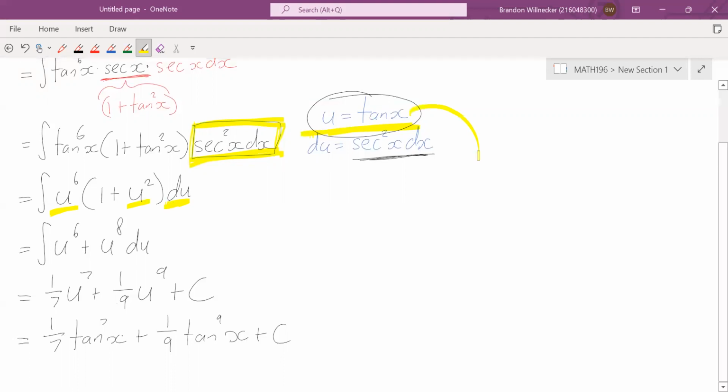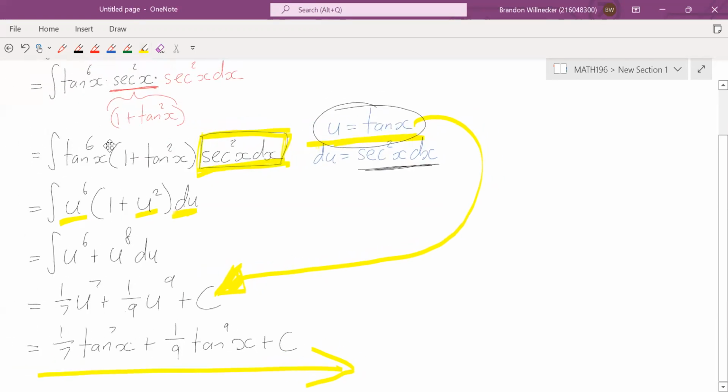So the U equals tan x, we put back, and that gives us our final answer here. Any questions on this one? It's not too bad.